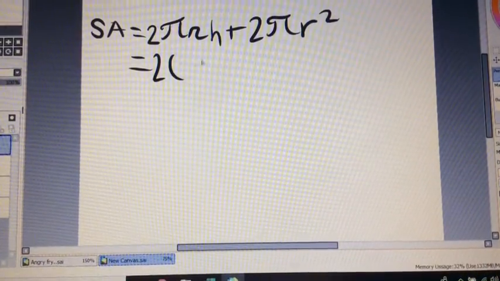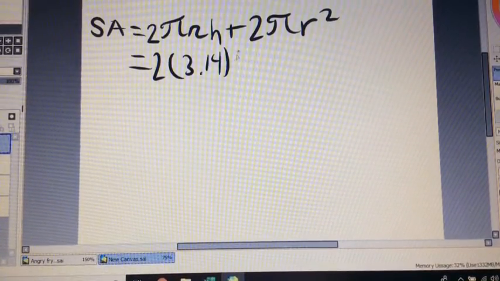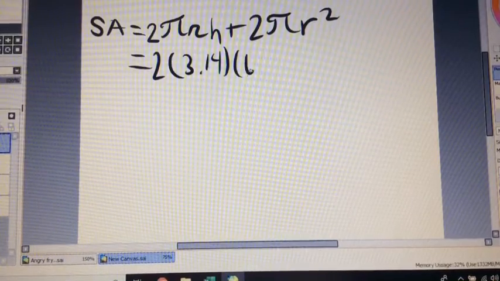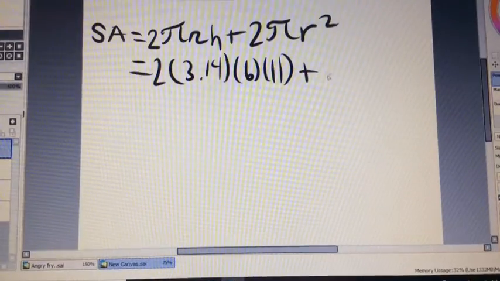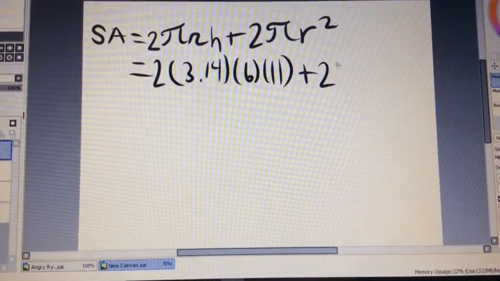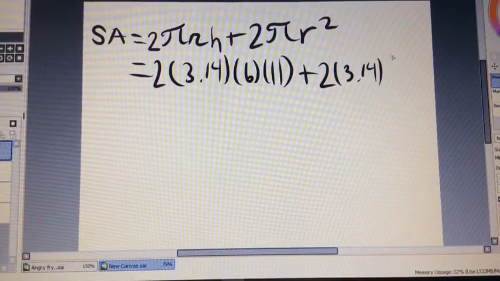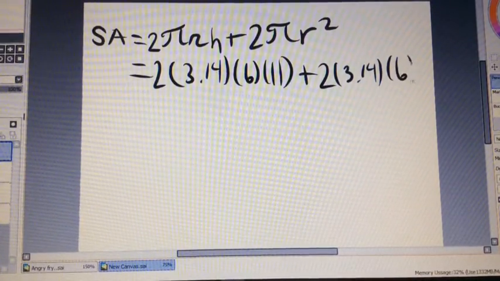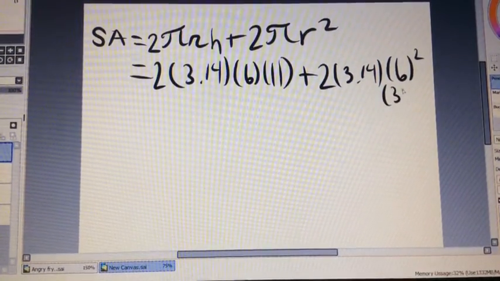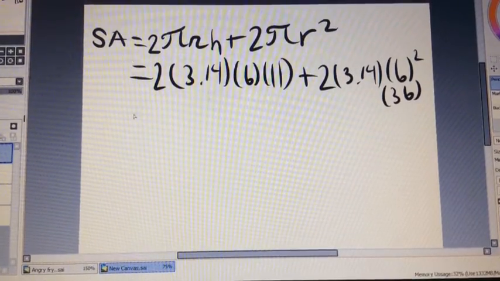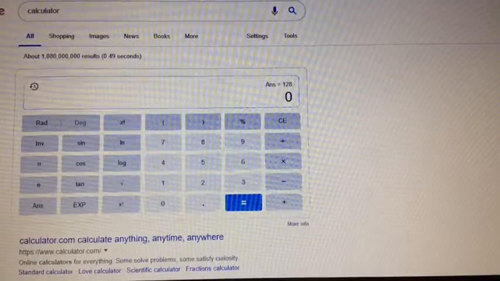So 2 times 3.14, we're just going to use the short version of pi, times 6, which is the radius, times 11, which is the height, plus 2 times 3.14 times the radius, which is 6, squared. And 6 squared is 36. Now let's solve all of those.